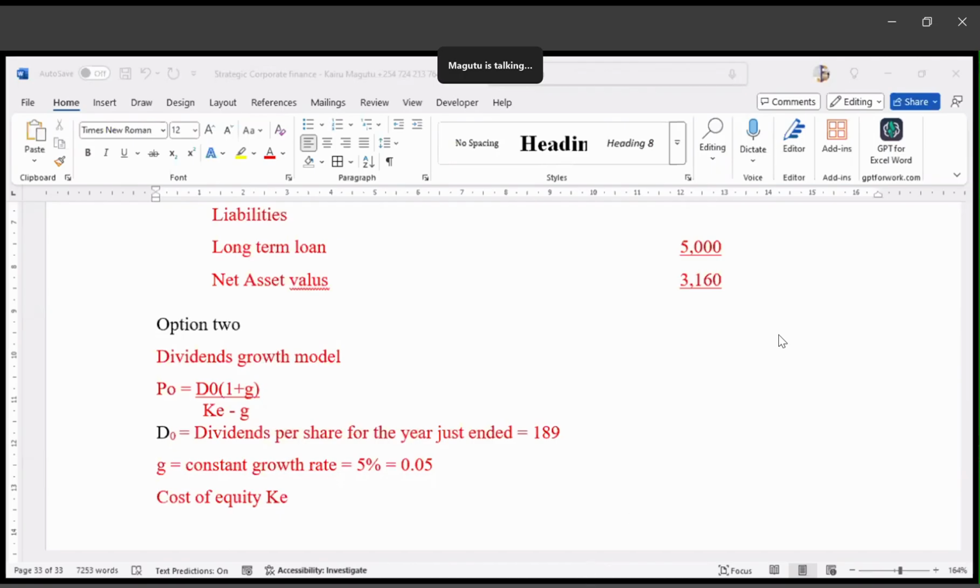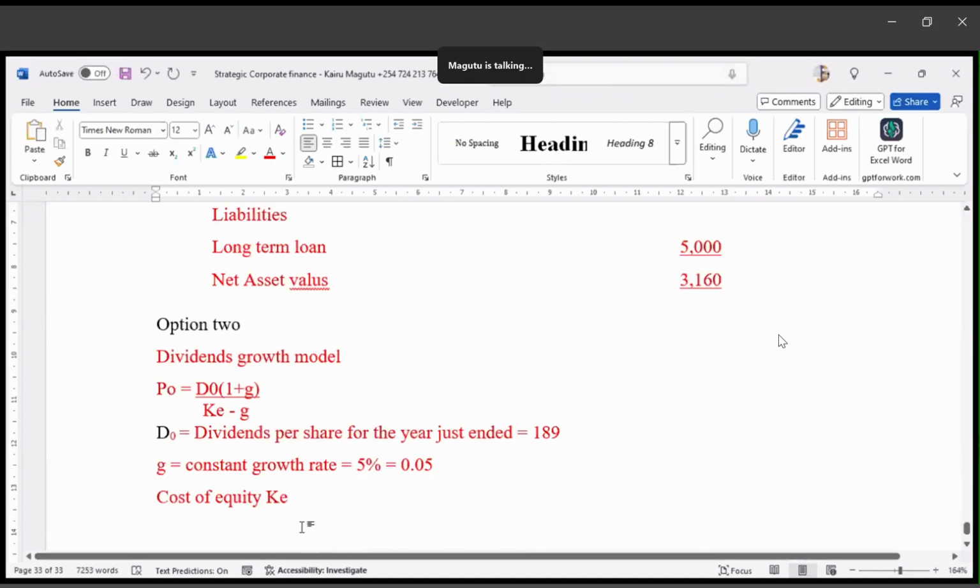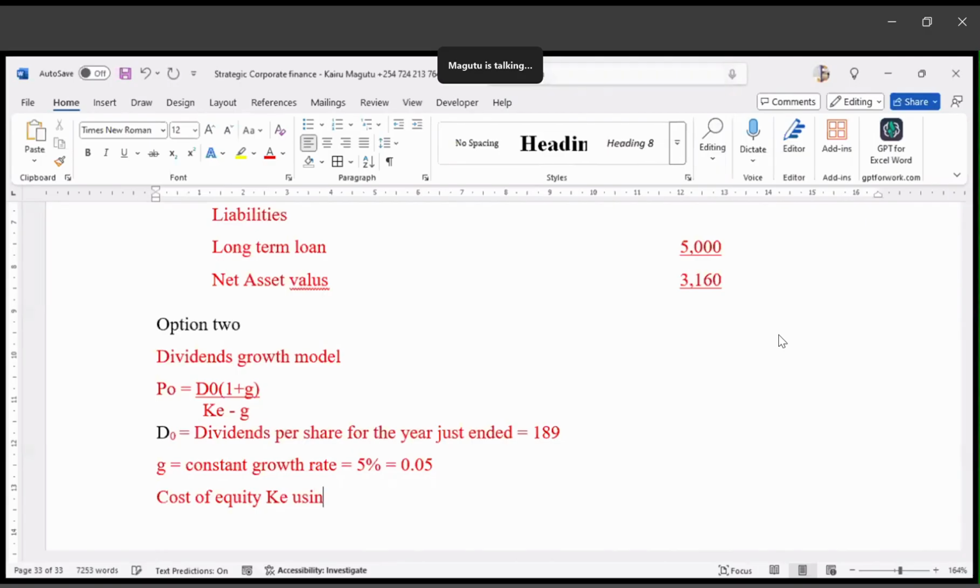Let us see the formula for CAPM, using the capital asset pricing model.